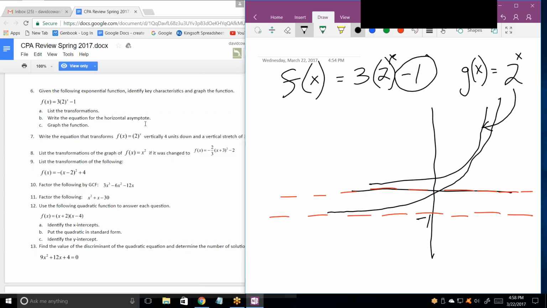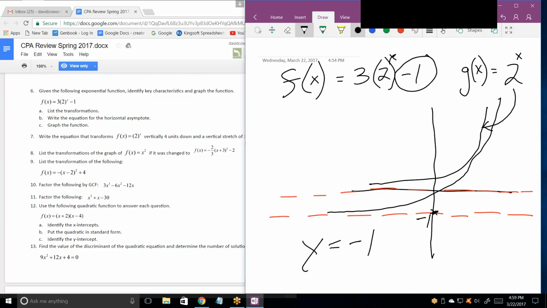What's the equation of a horizontal line look like? Just y equals whatever the number that it's going through is. That bottom red line is going through this point -1 on the y-axis.